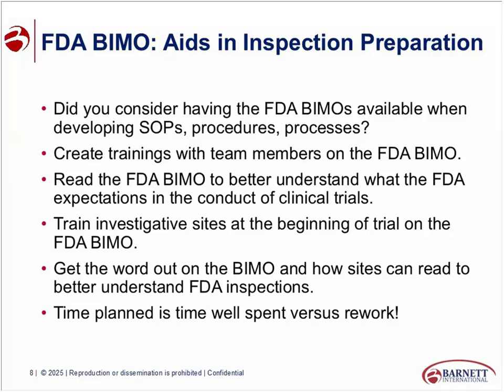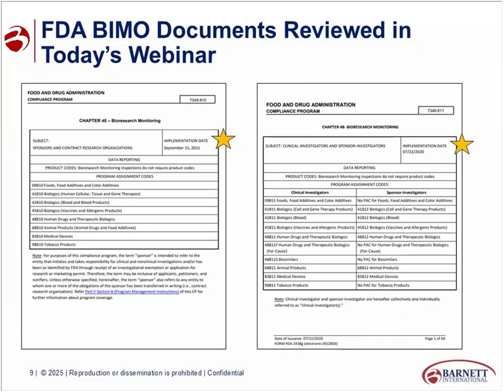And again, the message here is that the further in the front end we are planning and learning, the less rework there's going to be, the less fear there's going to be, the more prepared we're going to be, which can only lead, theoretically, to a much better inspection, which of course is what we're all going for.